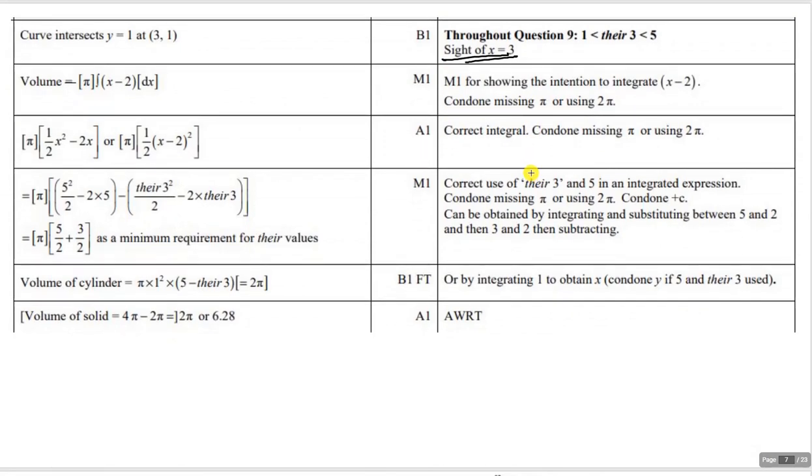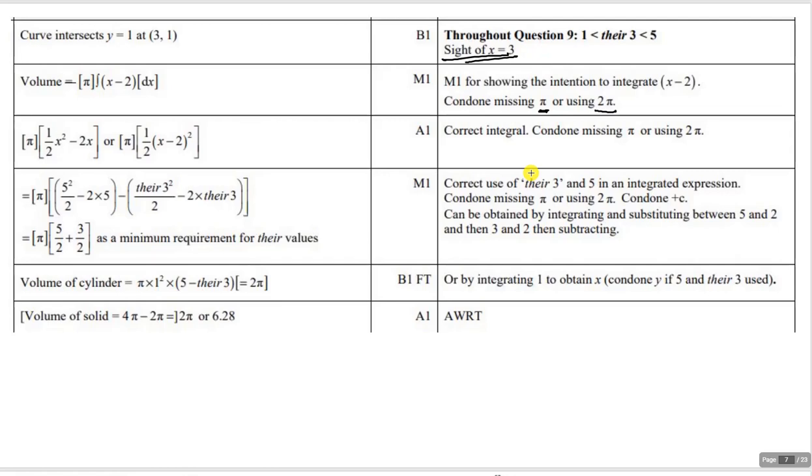And then here you'll notice again, they're not that worried about the pi sign at this point, but definitely we're going to do the integration here of this. And they want to show that you're going to integrate this x minus 2. Again, they're not worried about the pi sign at this point, or they're even willing to accept it if you put 2 pi instead of 1 pi, all right?